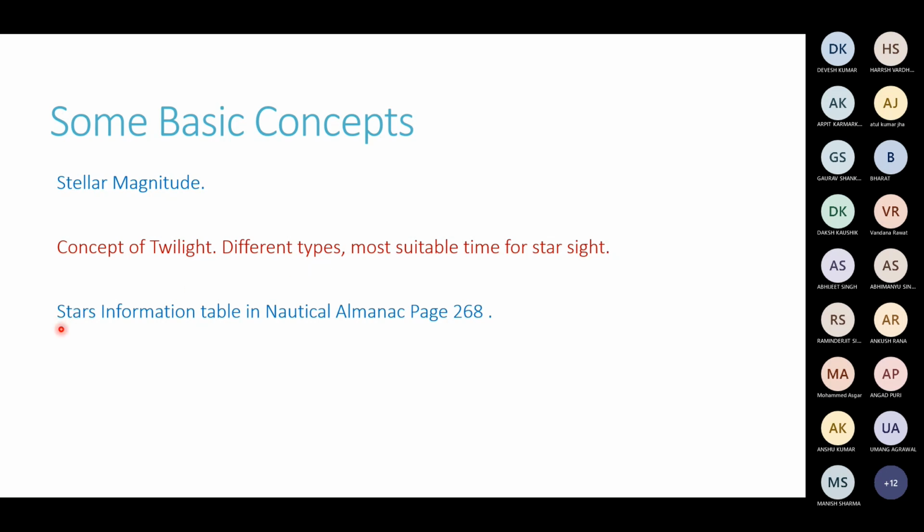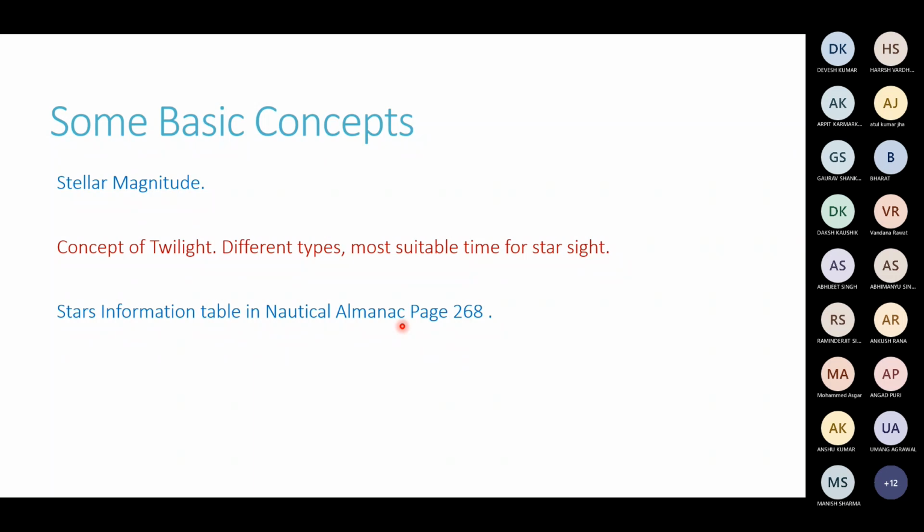The third concept which we need to be comfortable with is the stars information table, which is given in the nautical almanac. In the nautical almanac, you have the information related to the stars given on the daily pages also. But on the daily page, there are only some selected stars, to be precise 57 selected stars, whose SHA and declination is provided on a daily basis.